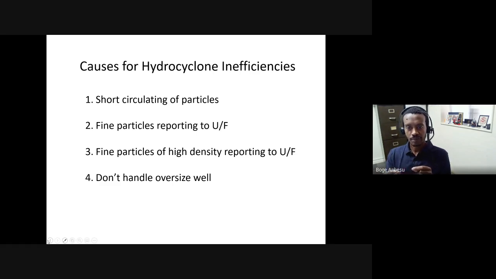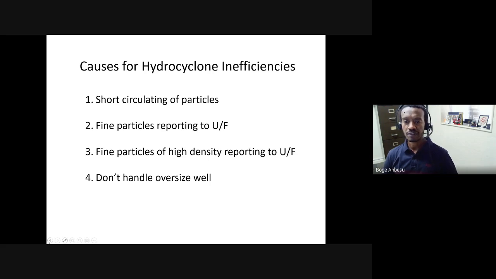Even if they are small in size, they could still go with the coarse particles, because they may develop enough centrifugal force, and because they're denser, they will probably go with the coarse particles. So that can be one reason for inefficiency of a hydrocyclone.